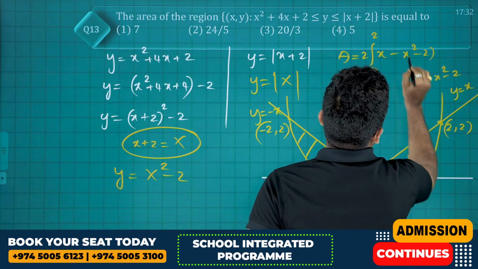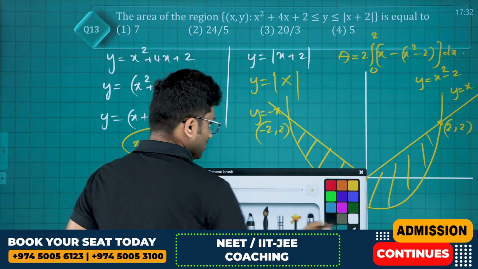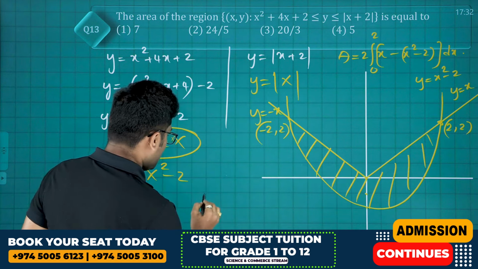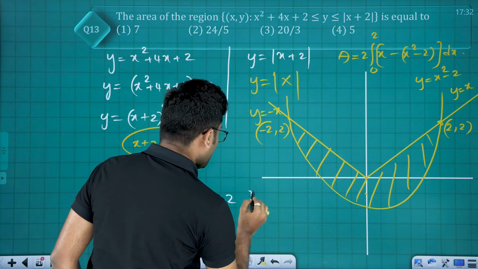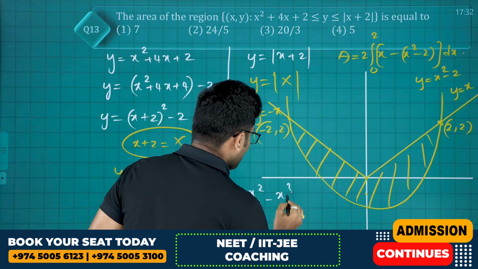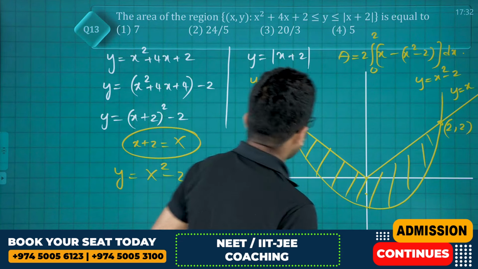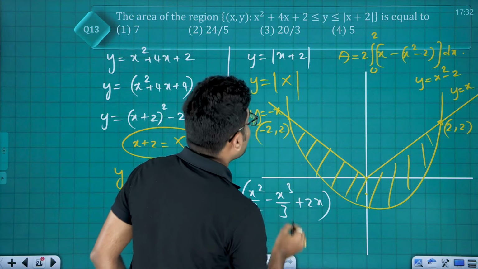X minus (X square minus 2) whole dX. That's it. So area is equals to twice, for X it is X square by 2, minus X square it is minus X cube by 3, minus of minus 2 it is plus 2, so that is 2X from 0 to 2.